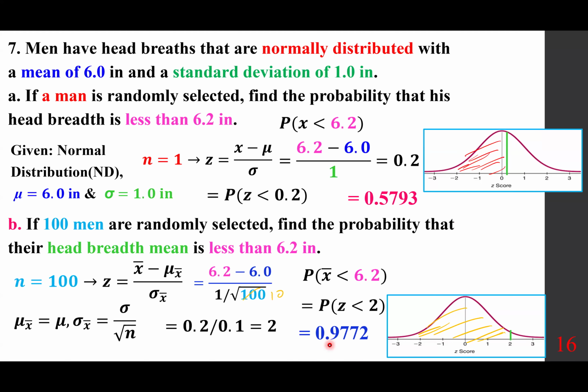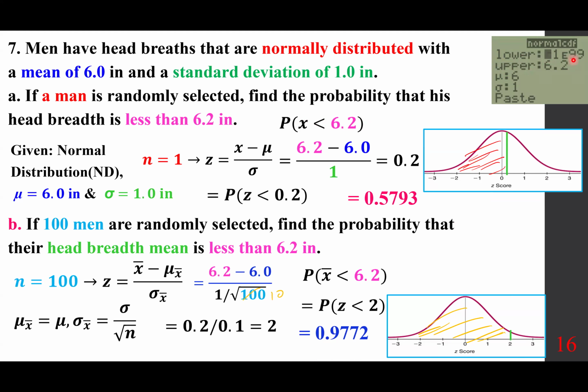0.9772. As far as technology is concerned, if we are looking at this case, the probability of X less than 6.2, the lower number, as I've mentioned before, normal CDF, they are using -1 times 10 to the power of 99.